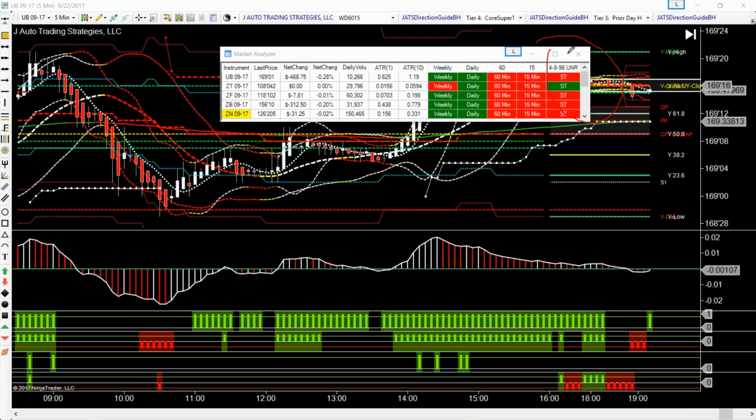No matter what else is happening, you want to be trading in these lower time frame directions. And then hopefully it correlates with the higher time frame, but you can see there's no correlation. They're going in opposite directions. So it looks like the ZN is trying to break down.